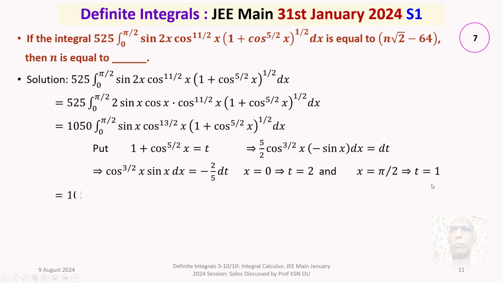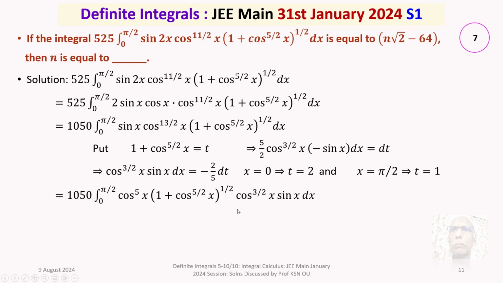And that is equal to 1050 into integral 0 to pi by 2. Now, here we have written cos to the power of 5 x into 1 plus cos to the power of 5 by 2 x whole to the power of 1 by 2 into cos to the power of 3 by 2 x sin x dx. Now, we have adjusted the terms.